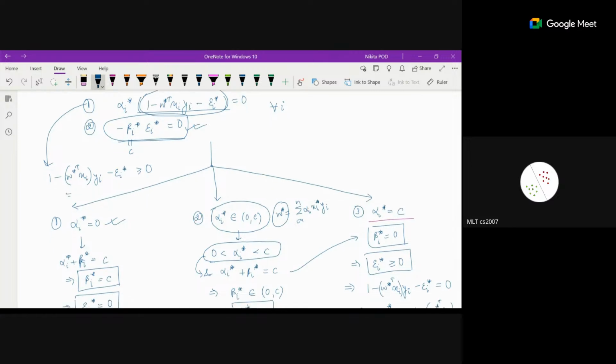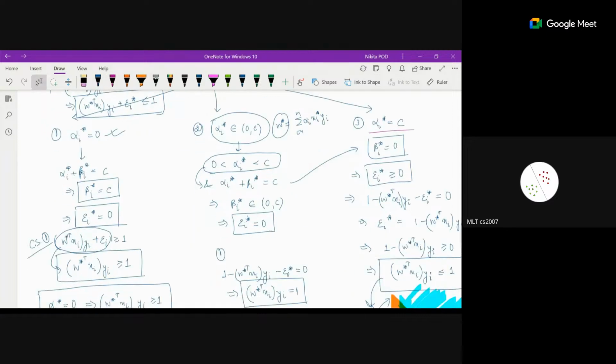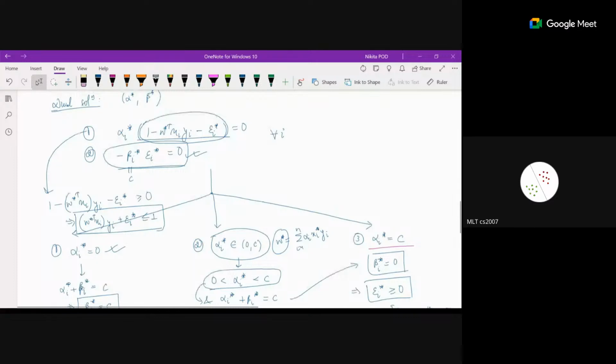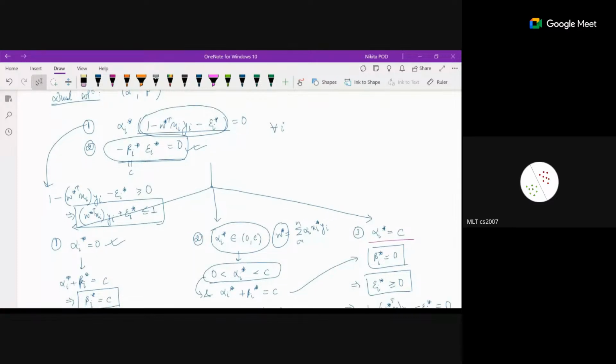So from here, what we can say is that my W star transpose xi yi plus epsilon i star has to be less than or equal to 1, right? And this is what we have written here. It is greater than or equal to 1, is it? Greater than or equal to 0. This is what we get, right?